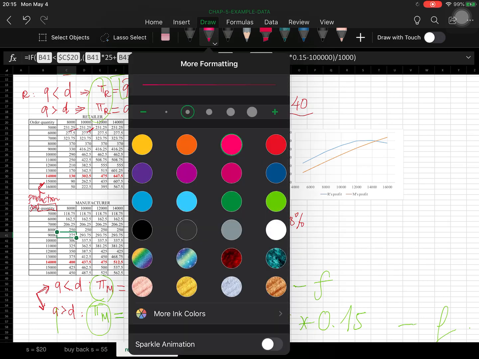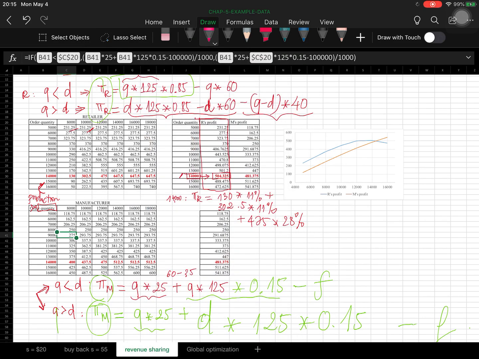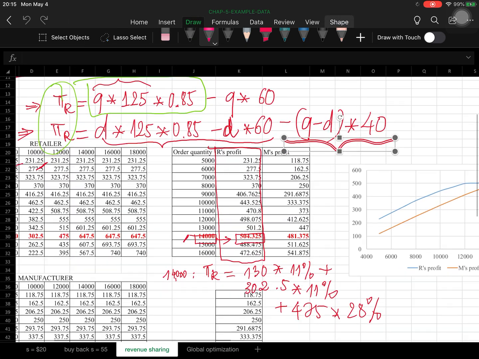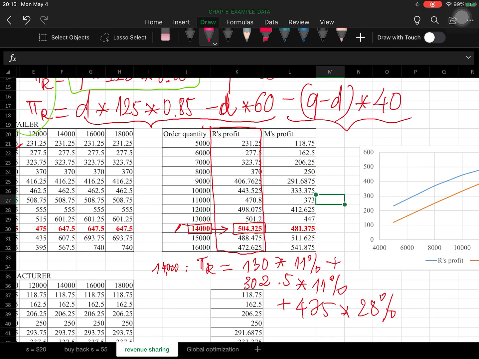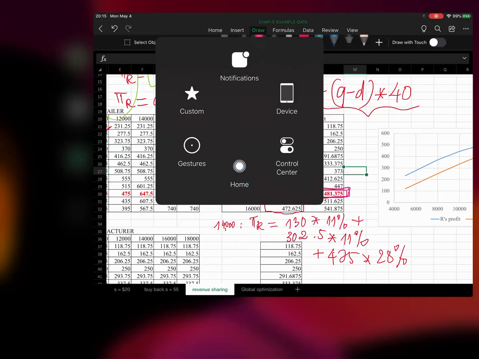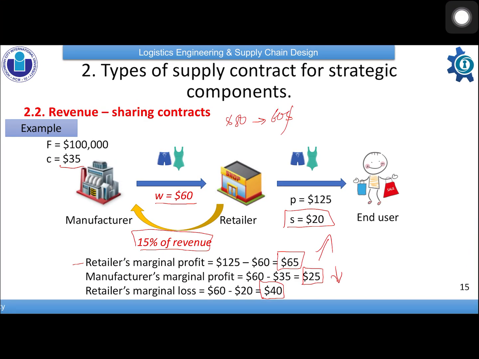So after you calculate, we will have here the manufacturer profit, and we can see at the order quantity 14,000, the manufacturer profit is equal to this number. So go back to here.